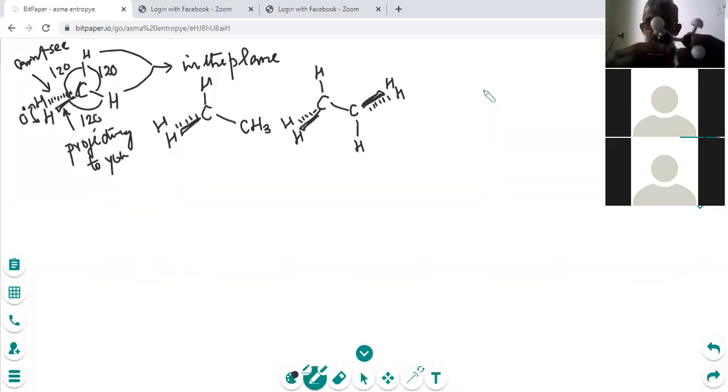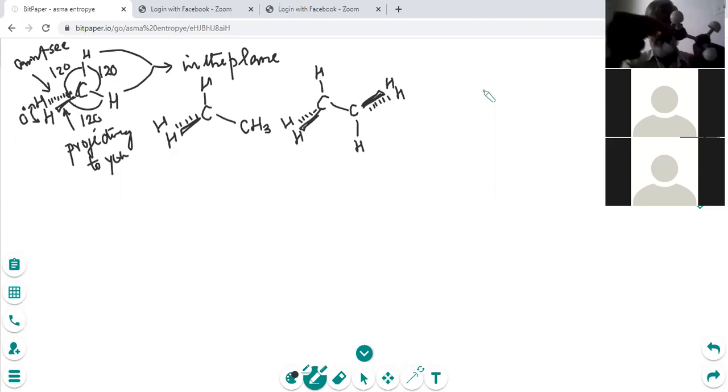I don't know whether we have done this also. This is what I have drawn on the board. Now what you have to do is look from here. Keep your eyes here and observe like this, and draw.